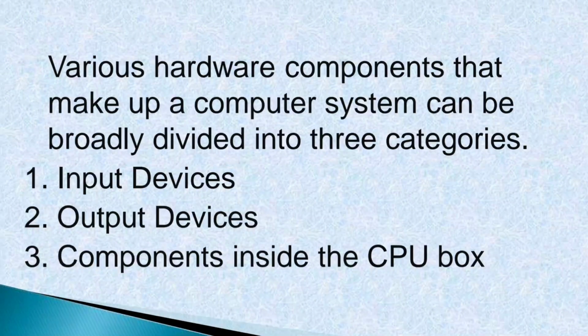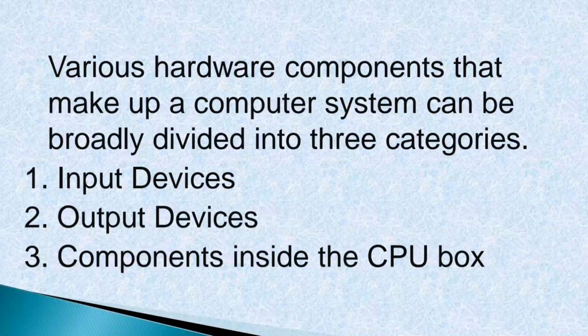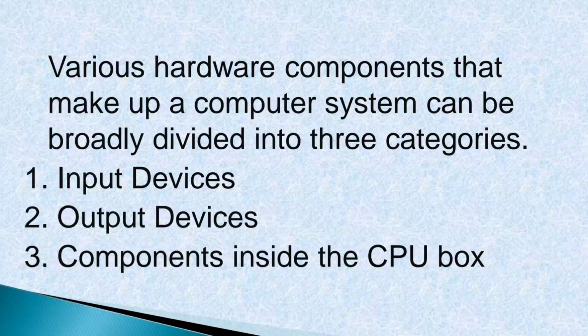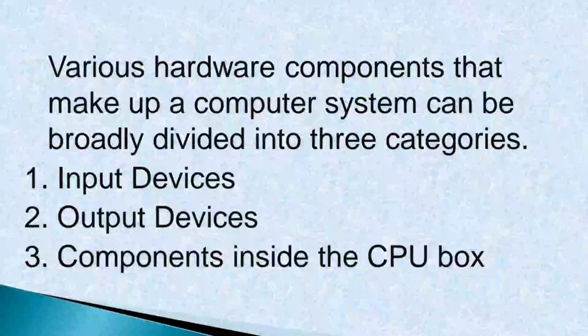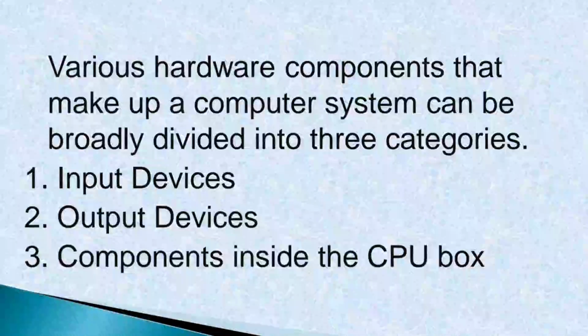Various hardware components that make up a computer system can be broadly divided into three categories, which are input devices, output devices, and components inside the CPU box. So let's start discussing those hardware components in detail.